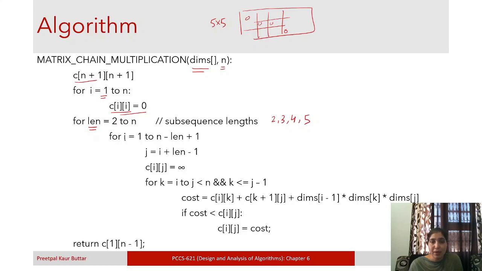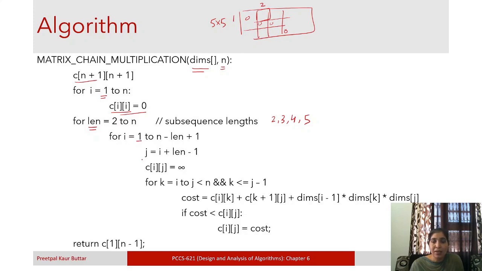Okay, and this I loop will run from 1. So it will first compute this cell. This is 1 comma 2. Okay, as we computed in the previous example, the first cell which we computed was 1 comma 2. Okay, so I is starting from 1.